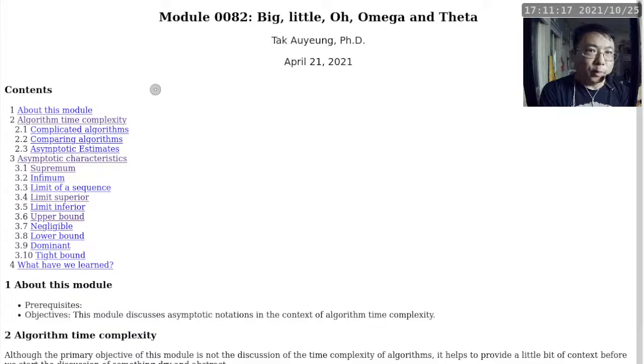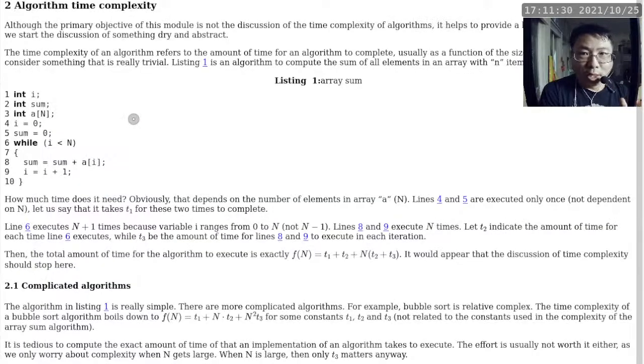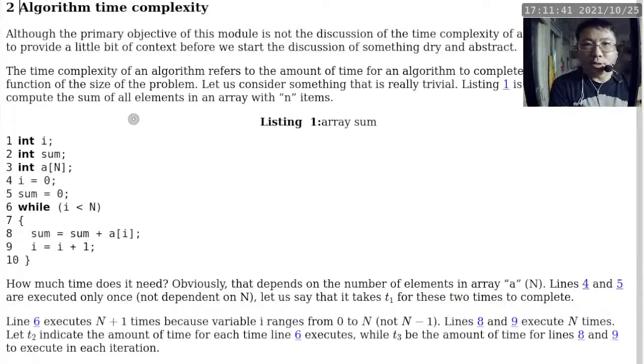Big O, big omega, and big theta are concepts that most people think they understand, but they actually don't. So we'll start with the most tedious way to compute the time to complete an algorithm. We're going to start with something that is just horrendously tedious, and then we'll understand why we don't want to do it that way.